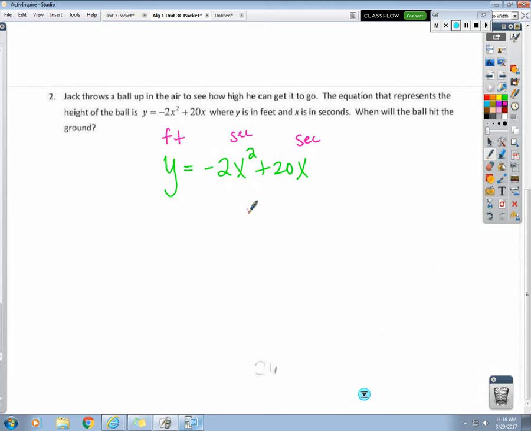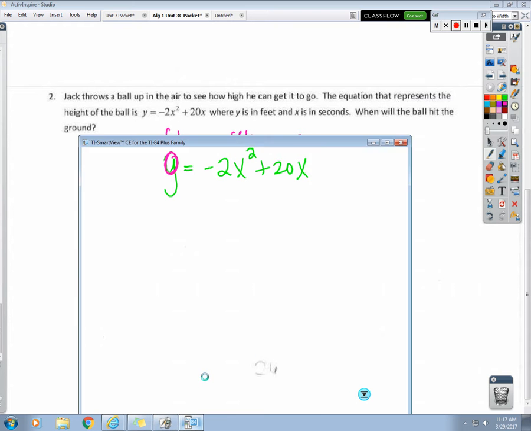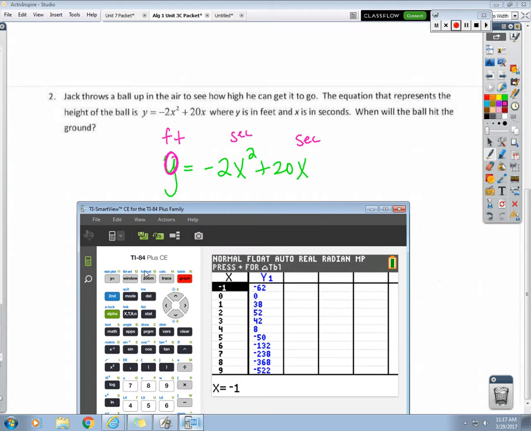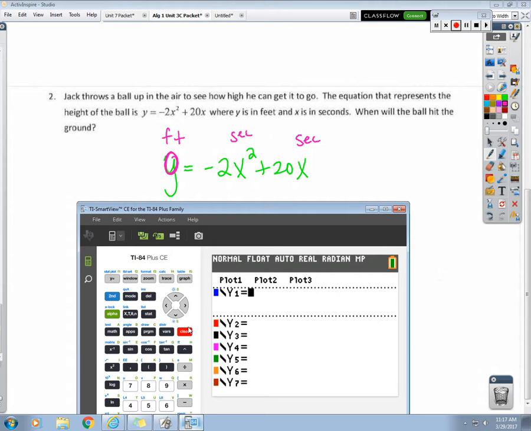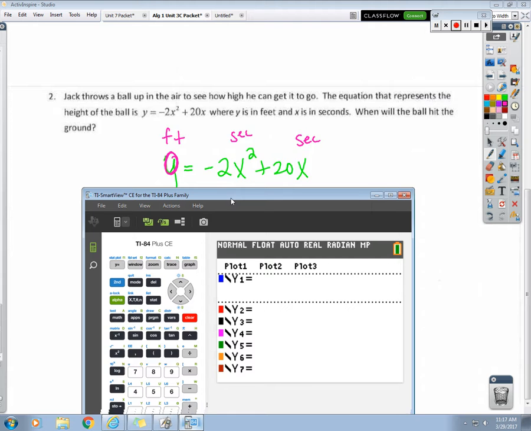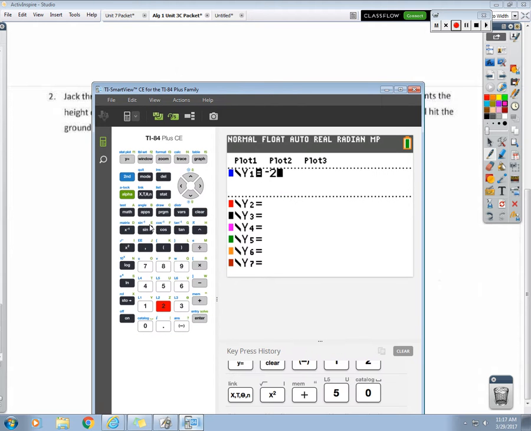When will the ball hit the ground? So what does that mean? When will the ball be 0 feet from the ground? So we'll replace y with 0. And now the first thing you do is graph it, because if you graph it and it crosses at nice whole numbers on the x-axis, you don't have to deal with quadratic formula. So negative 2x squared plus 20x.